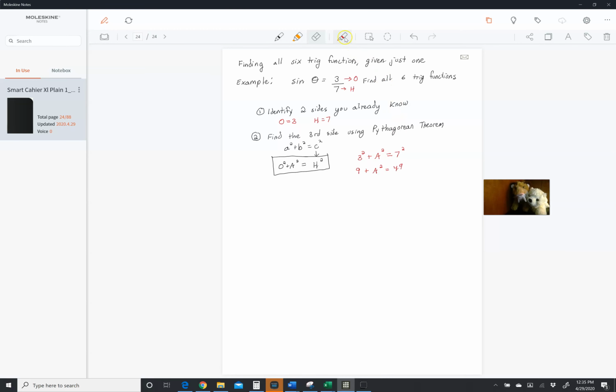Subtract 9 from both sides. So we get that a squared is equal to 40. Then we take the square root of both sides.